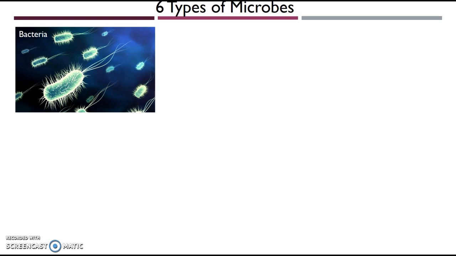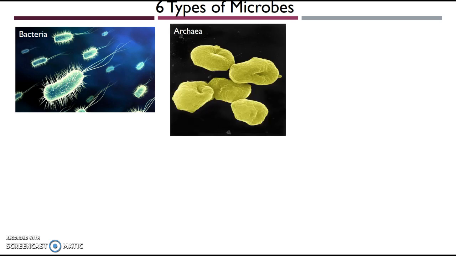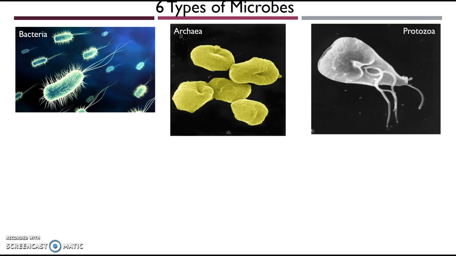They do have their own unique special features that other cell types do not possess. Also, the archaea, similar to bacteria in that they are single-celled organisms without a nucleus, but they have some very unique features as well that distinguish them from bacteria.